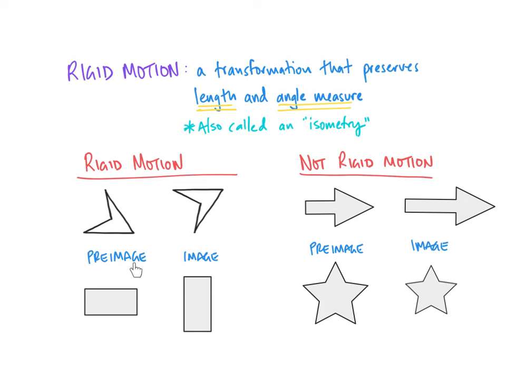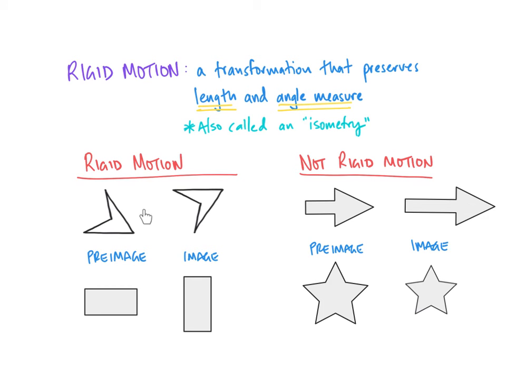In both of these instances, if I look at each side of this shape, I could match it up to a side length on the preimage, and it will stay the same. When I flipped it over, I didn't change the length of this side right here. I didn't change the length of this side. It just went over right here. It stayed the same length. And the same thing for all four sides. They didn't change their length. So I preserved the length.